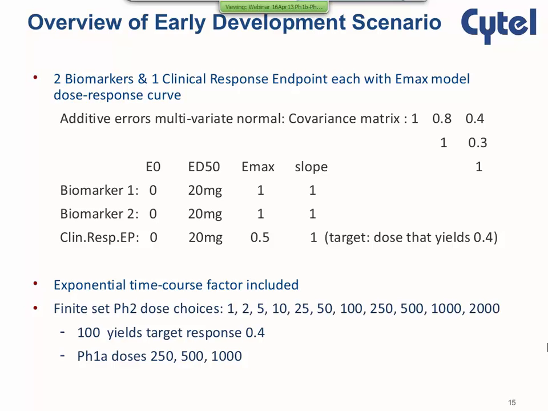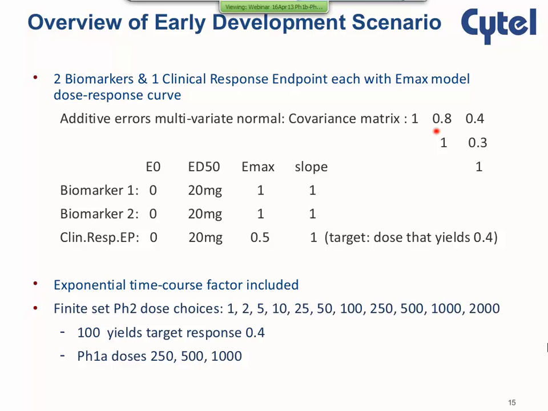The variance-covariance matrix for the ED50s is shown at the top there in the upper right. And so we assumed a 0.8 correlation of the response for the biomarkers, but only a modest correlation with the clinical endpoint.